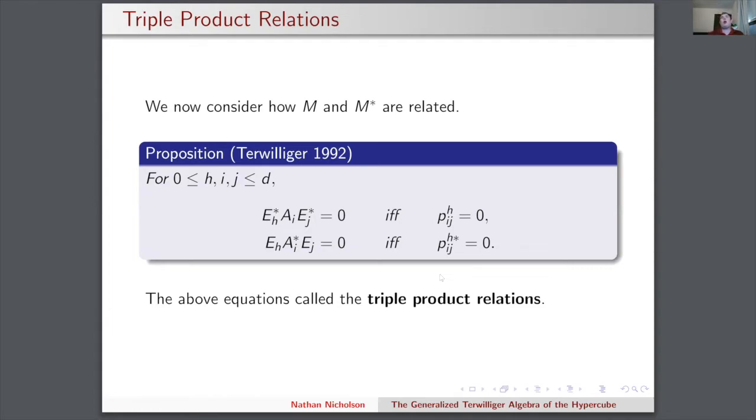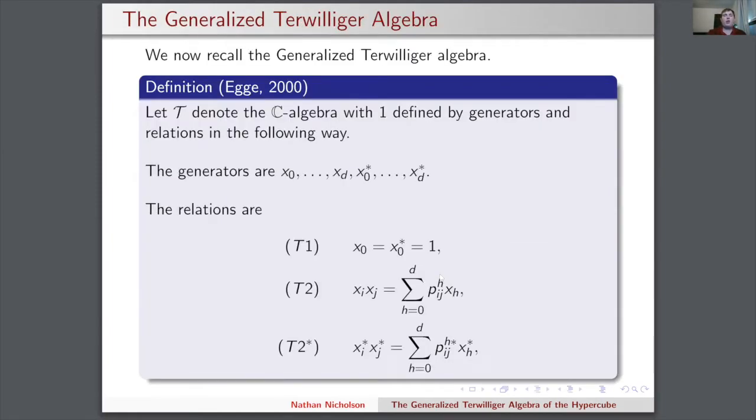So you actually can get quite a few of these triple product relations. So they're very powerful. It's sort of natural to ask the question, if you're looking at it from an algebraic standpoint, how much of the structure of this Terwilliger algebra is actually captured by these algebraic relations, right? I mean, how much of it comes from the combinatorics, how much comes from this really strong algebra. So that's what this next object sort of aims to discover.